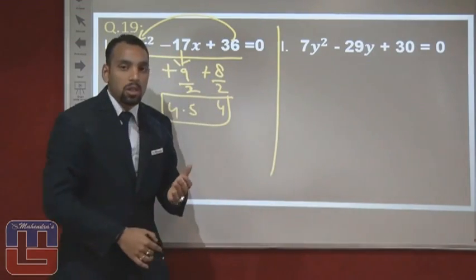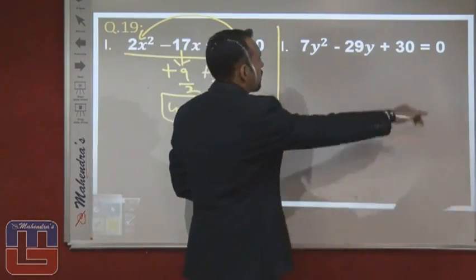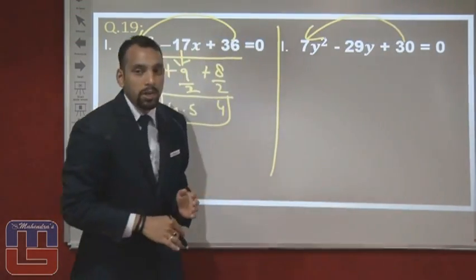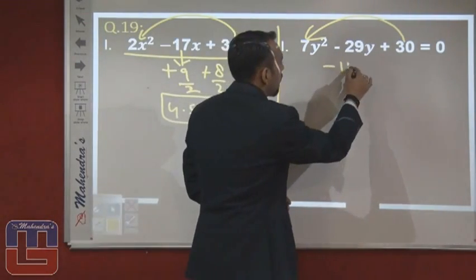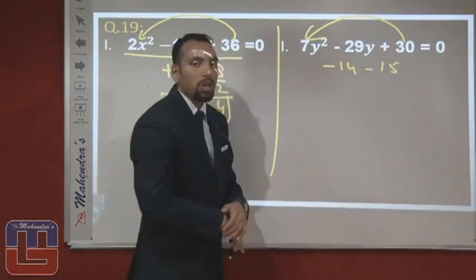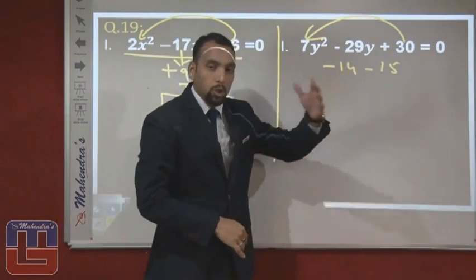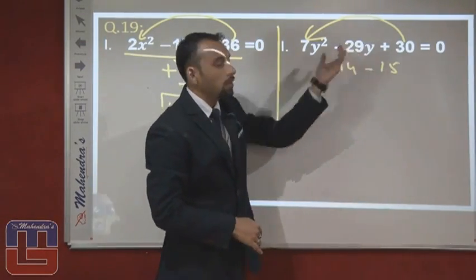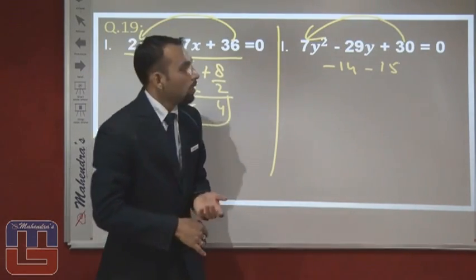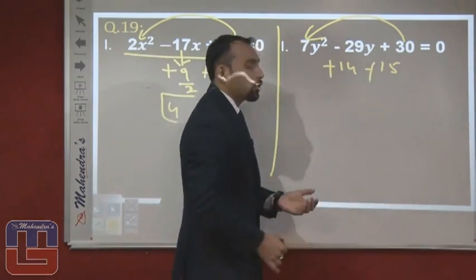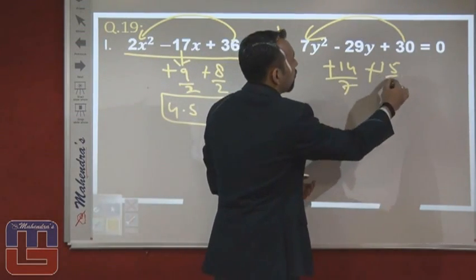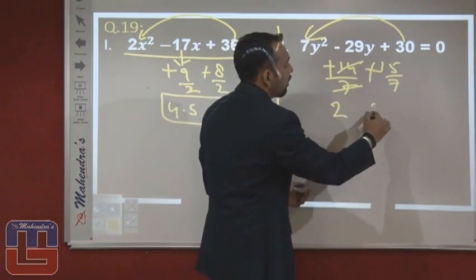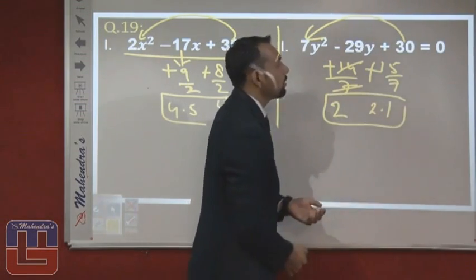In the same way we will solve this equation as well. Multiply this 30 by 7, you will get 210 and here it is 29. So the numbers will be minus 14 and minus 15. Multiplication will be 210 and the addition will be minus 29. The sign will be changed, both will become positive and we have to divide by the coefficient as well. Here we get 2 and here 2.1.